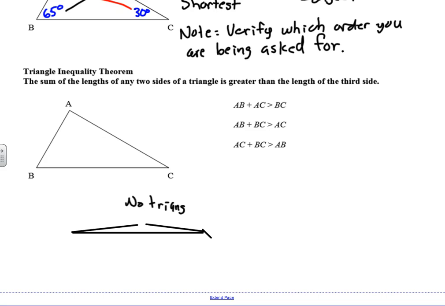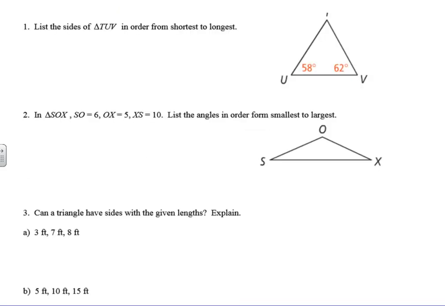So what do we have to have? Those two sides have to be longer than the third side in order to form a triangle. So the sum of any two sides of a triangle is greater than the length of the third side. Otherwise, you can't have a triangle with those lengths.